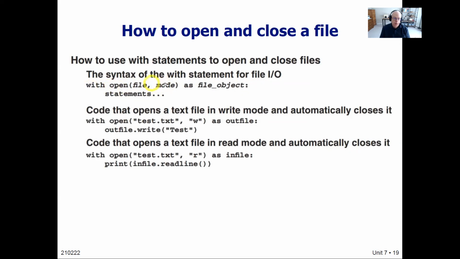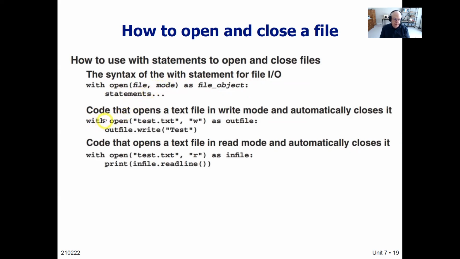So with open file name mode as this file object, then we have a bunch of statements. This is the processing of the data, whatever we're going to do to it. And then when we come out of this with loop, automatically the file is going to be closed.